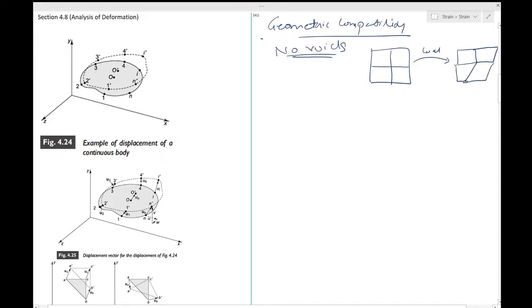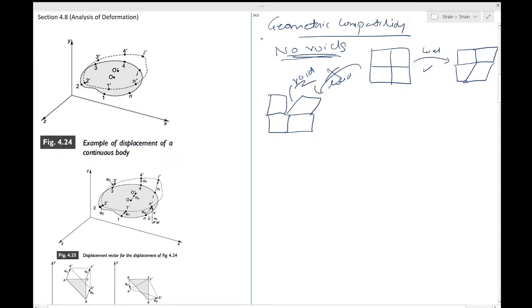This can happen, so this is geometric compatibility, but this cannot happen. This is a void. Your material cannot tear. So this cannot happen, this can happen. This is what we mean by geometric compatibility.